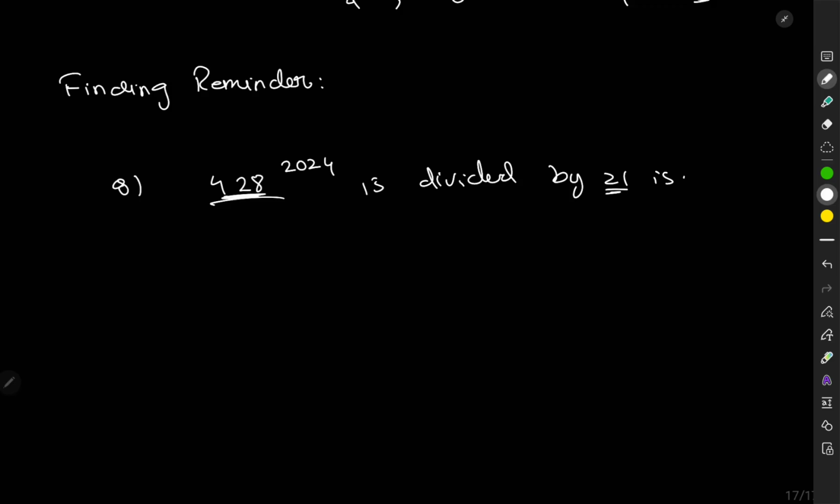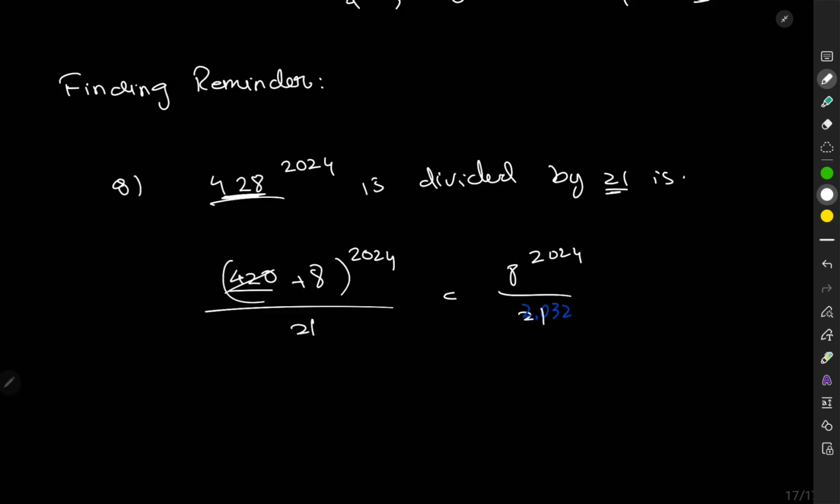So I'll go for this, multiplied by 20, so I can go for this, plus 8 to the power 2024, divided by 21. In this case you can cancel it like this, and what you will remain with is 8 to the power 2024 divided by 21, right?